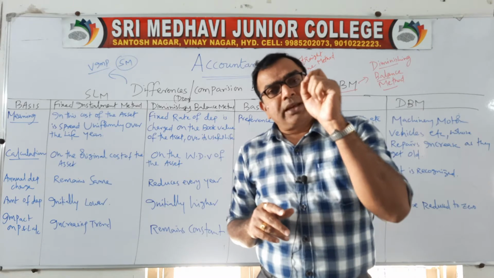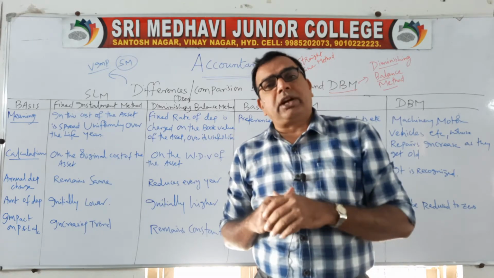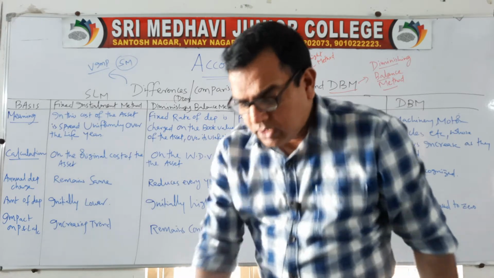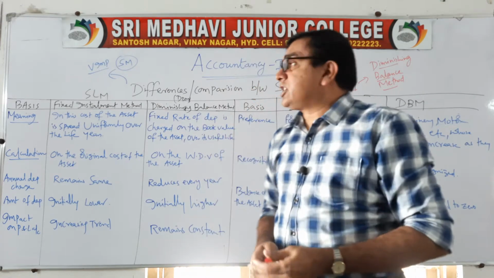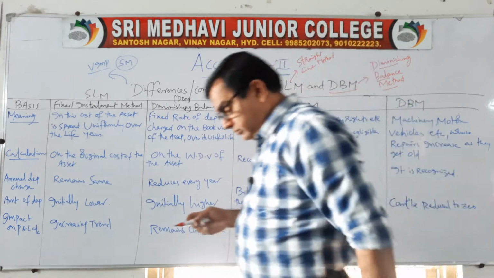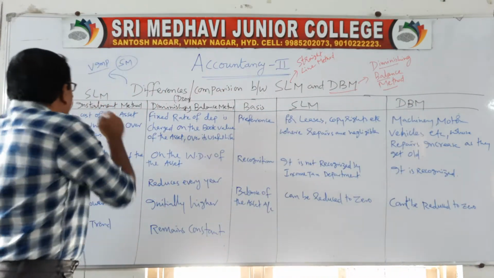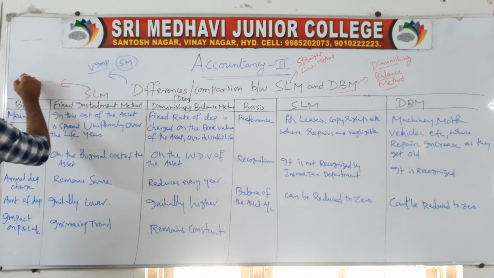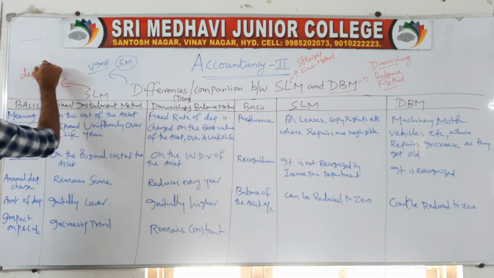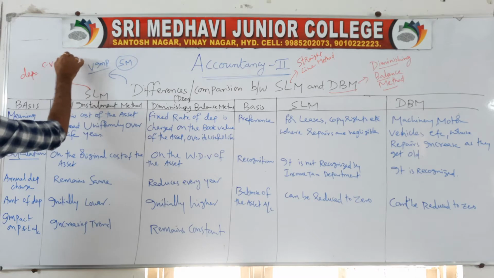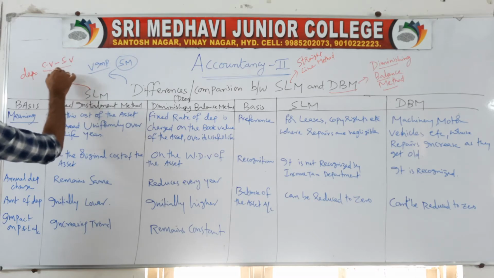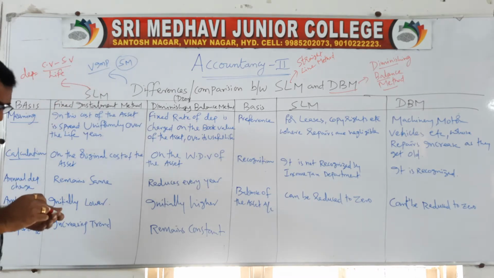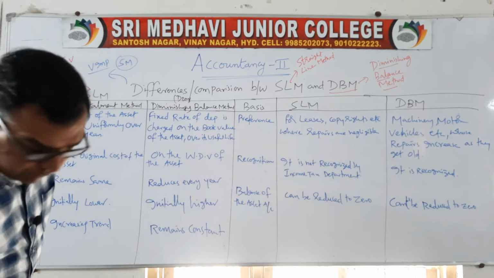Cost value, scrap value and estimated life of the asset. So, when these are given under straight line method, depreciation is calculated like this: cost value minus scrap value by life of the asset. So that's what I have written as the first point.